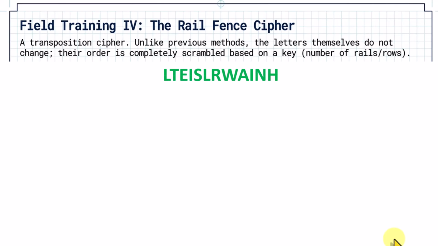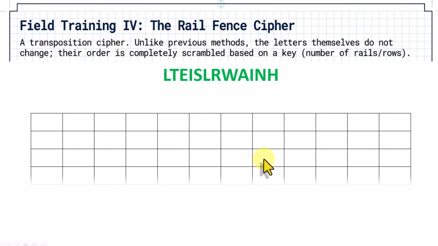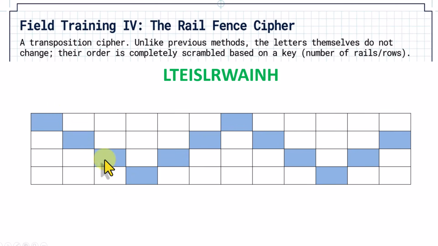So how does the decryption work? This time we have this cipher text and we want to find the original plain text. Using the Rail Fence Cipher, if our key is 4, we draw this table with 4 rows and diagonal lines, and one by one we write them, the reverse operation of the encryption.